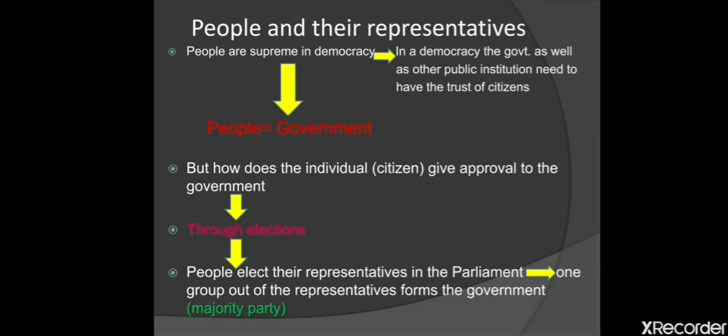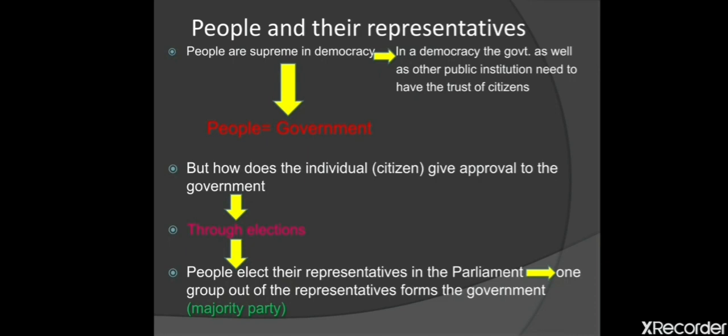But if the government is not working properly and no improvement can be seen, the citizens will stop having trust in that kind of government. That will lead to loss of interest.